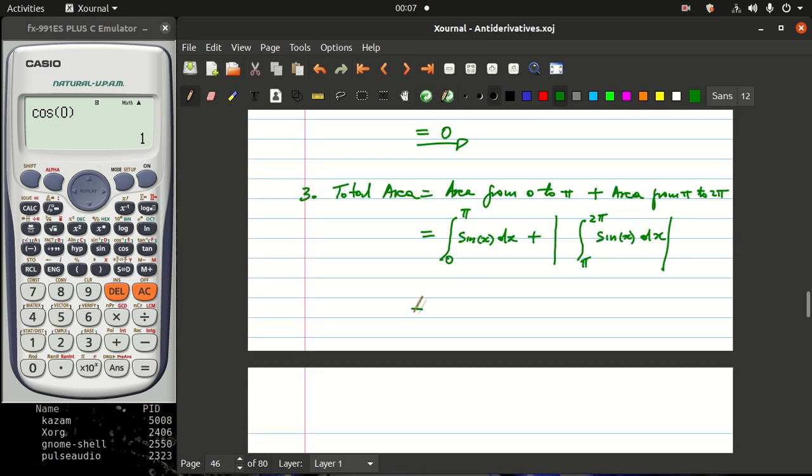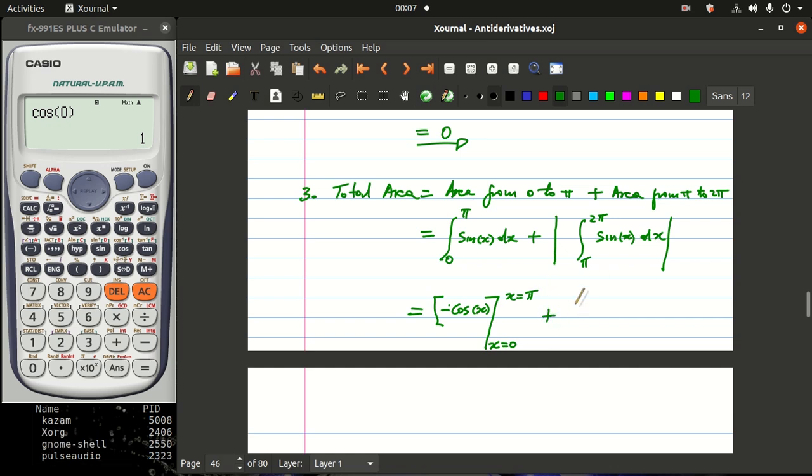And if you look carefully on this part here, I know what the antiderivative of this is. The antiderivative of sine of x is going to be minus cosine of x. Of course, the derivative of sine is cos, but the derivative of minus cos is sine. And then this one needs to be evaluated when x is equal to 0 and when x is equal to pi.